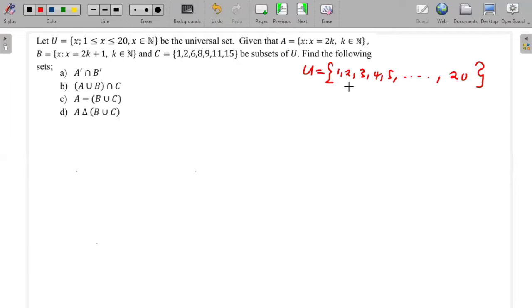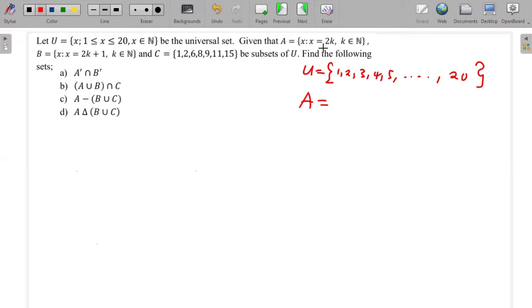Set A has been given to us as a set of all x's such that x is equal to 2 multiplied by k, and k is a natural number. So now, since the universal set is from 1 to 20, it means even A should be within that same range.